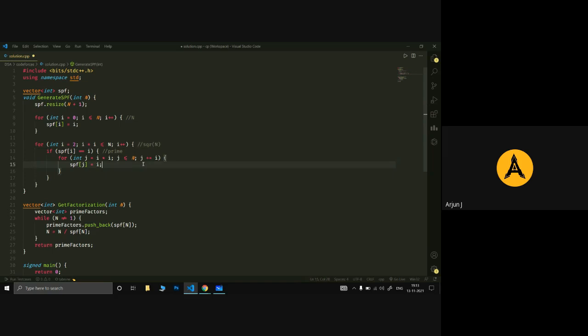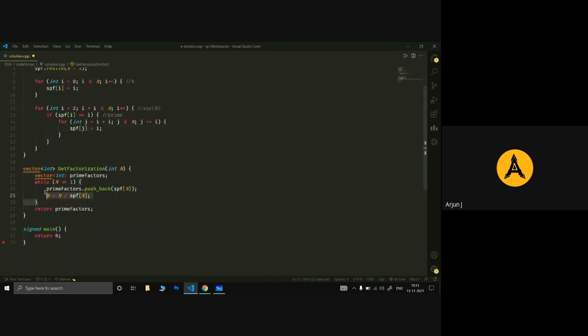You are seeing that we are just growing logarithmically, because at each stage I is going up to square root of n, and here we are starting from I square and marking all these to be primes. So this would take O of n time complexity on average.